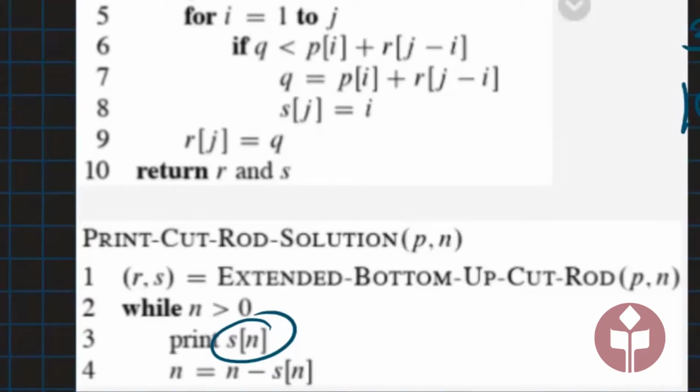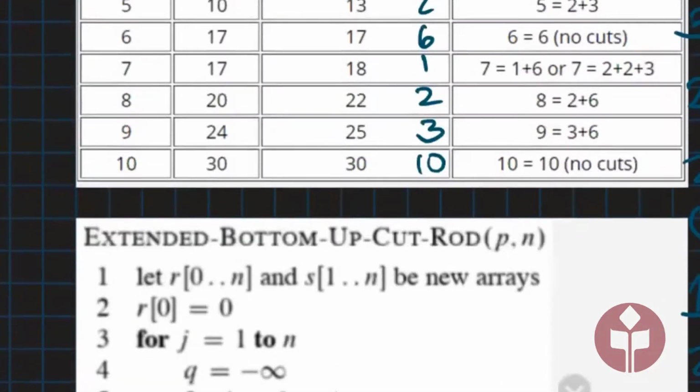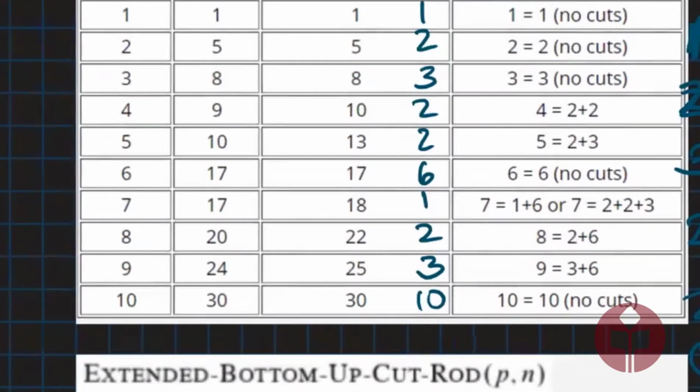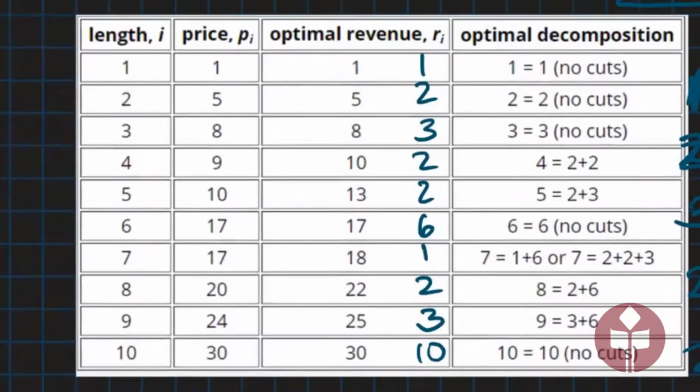For the length 10, S sub 10 is 10. Now I'm replacing the 10 with 10 minus 10, which is 0. That means no cuts, so the optimal decomposition says that for rods of length 10, I do not cut it.